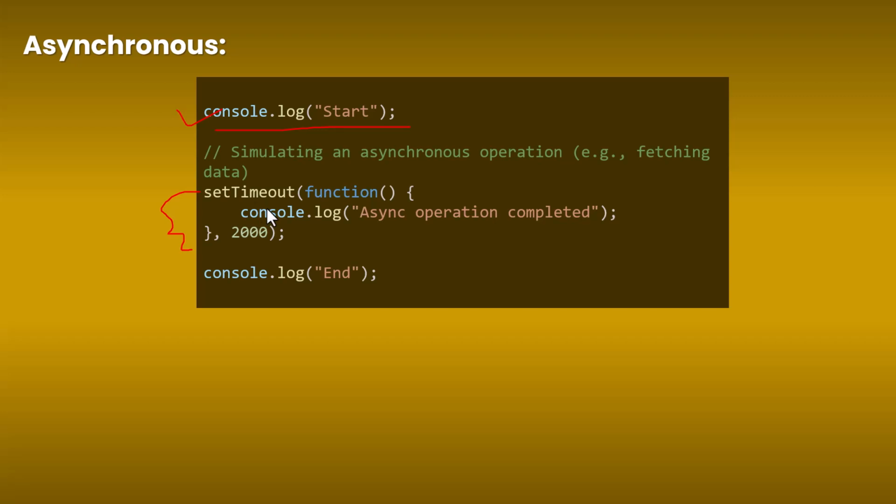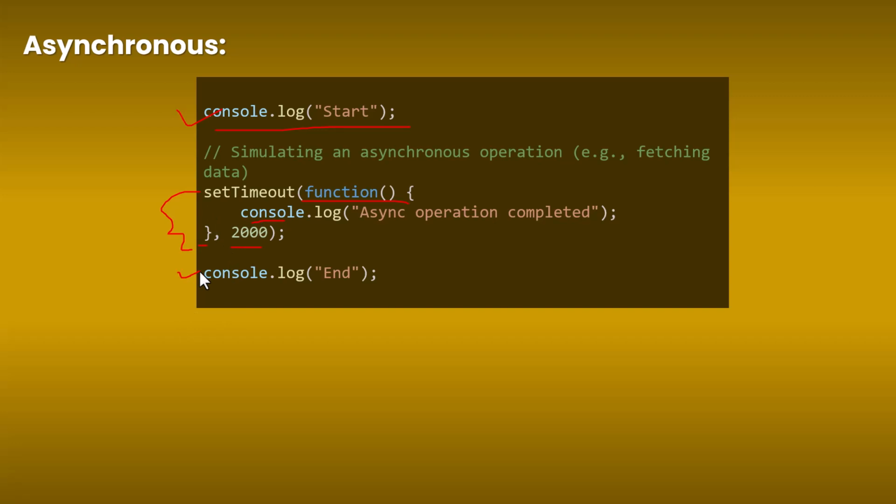The first parameter is the function and the second parameter is the time in milliseconds. So from this section to this bracket is the function that setTimeout takes as a parameter, and the second one is the milliseconds. If we execute this, it will take 2 seconds to execute this particular code, and after that it will go to the next line.